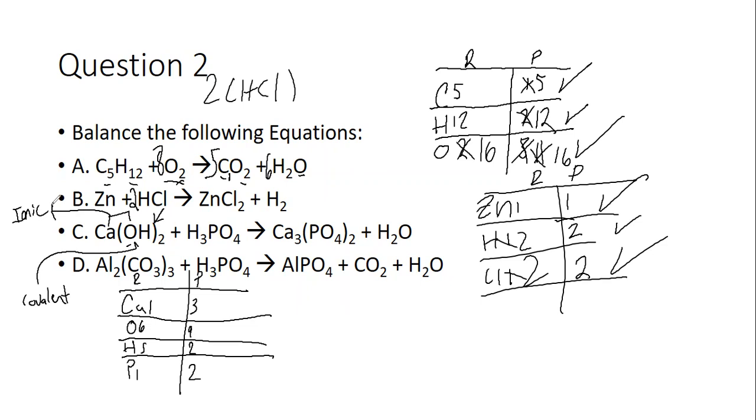And that 2 is saying I'm only working on the OH, while the 2 out here in front of HCl is working on the whole compound. So you never add parentheses after the fact. The parentheses are there for our polyatomic ionic compounds.